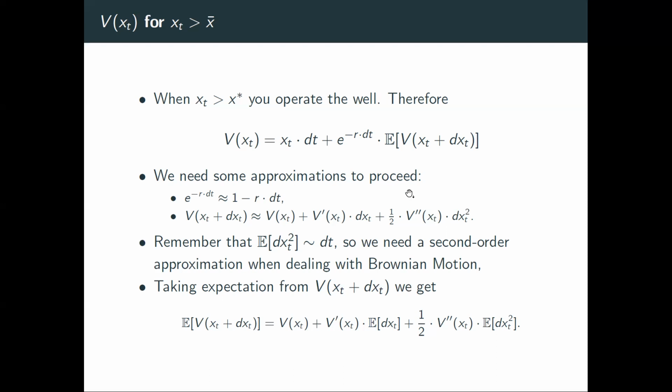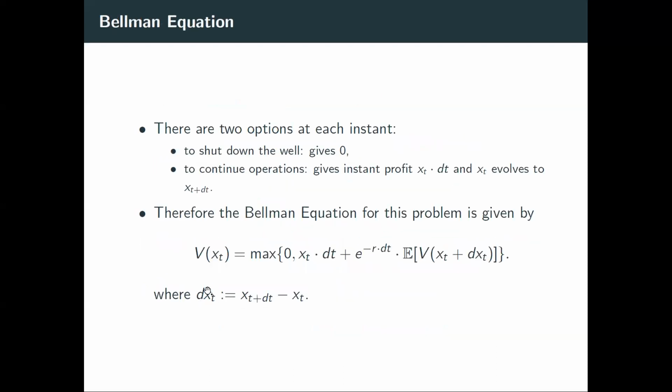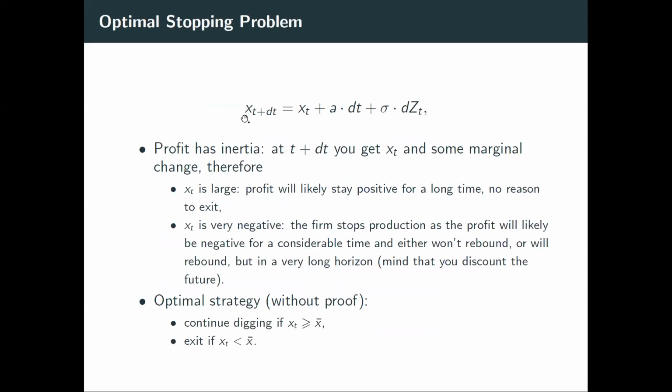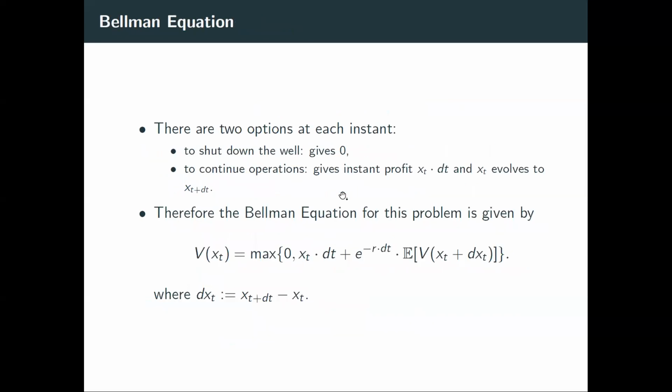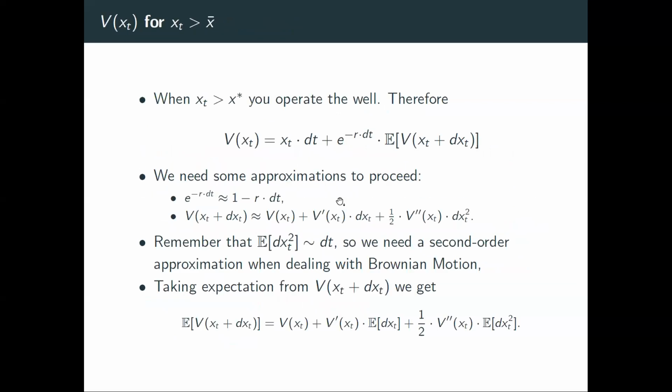Because if you look at the Brownian motion, dxt squared is proportional to dt. We already roughly discussed that in the mathematical lecture, but it's just a convention for you.